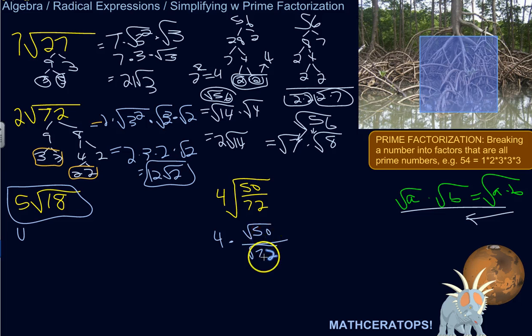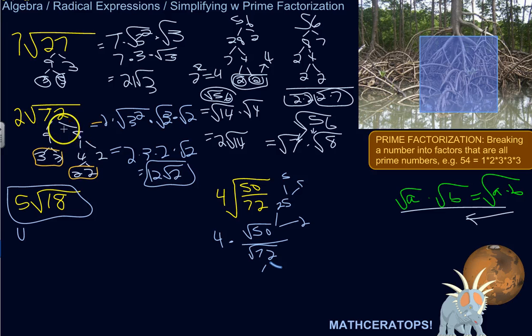Now we can find the prime factors of 50 and 72 and handle each one individually like we did here. So, I'll just do the factor trees this way. So 50 is 25 times 2, and 25 is just 5 times 5. So there we go. 25 is a perfect square. We square root it, we get 5. Let's do the bottom here.